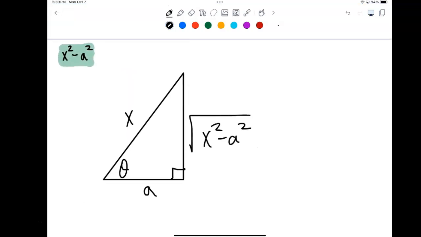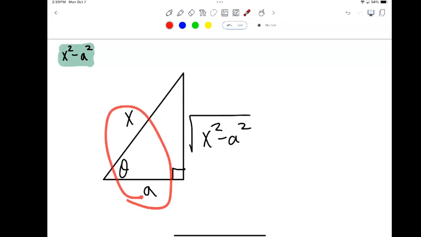And so to bring those into play, we have two possible trig functions we could bring in. But we want to involve the x, right? The x is the hypotenuse. I want to make that as nice as possible.